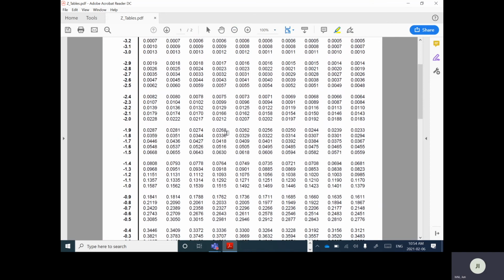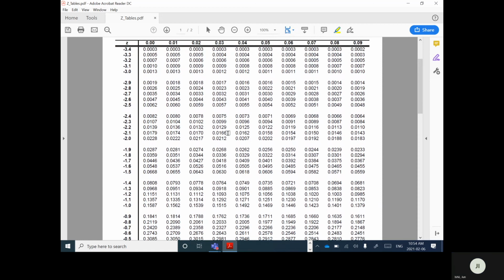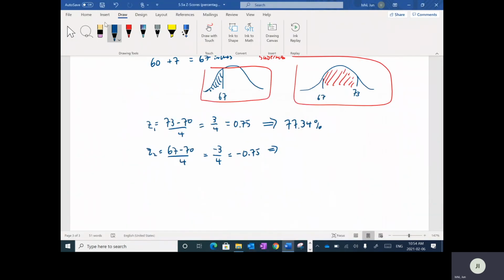So here's negative 0.7, and I have to go across to the 5. Let me confirm that. Yes, negative 0.7, and then down the 5 column. So 22.66%.